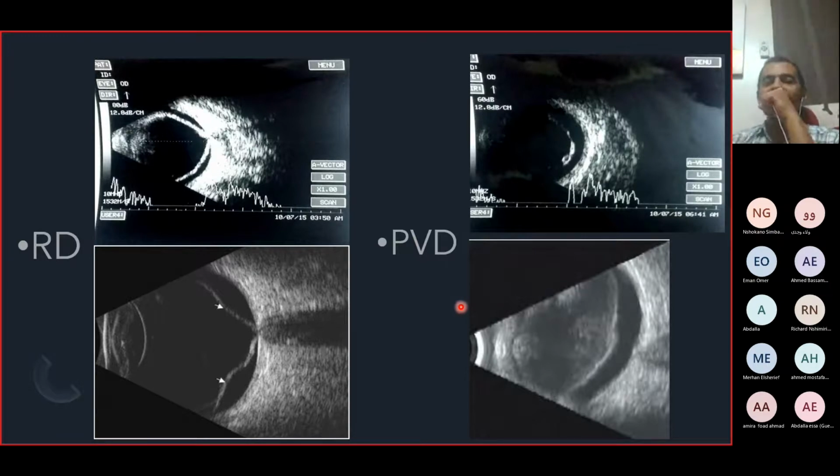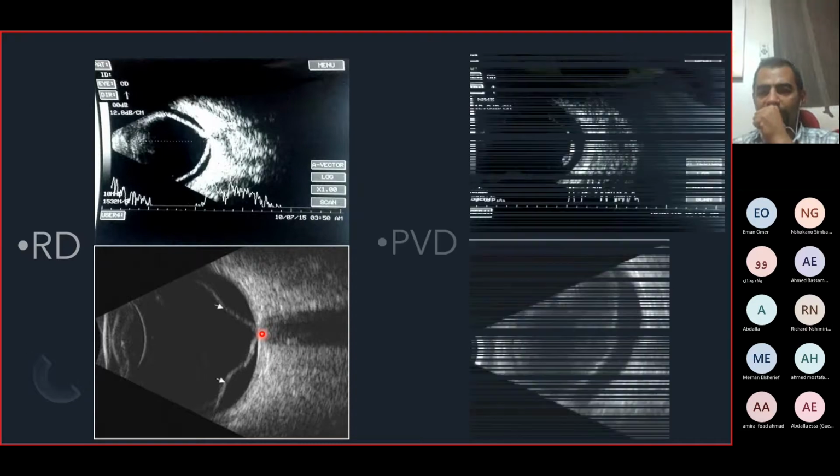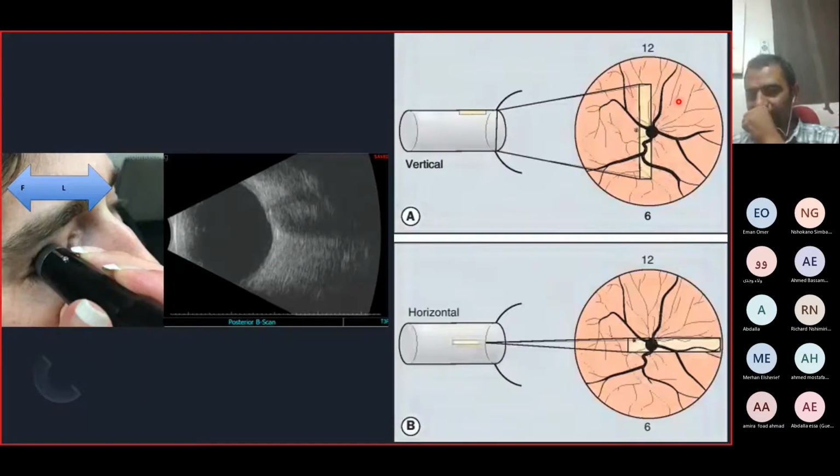So what are the differences between vitreous detachment and retinal detachment? Who can give us some clues? So I'll give you a clue. Attachment to the optic nerve. Exactly. So as you can see here, even if the retina is detached, it will remain attached to the optic nerve head.